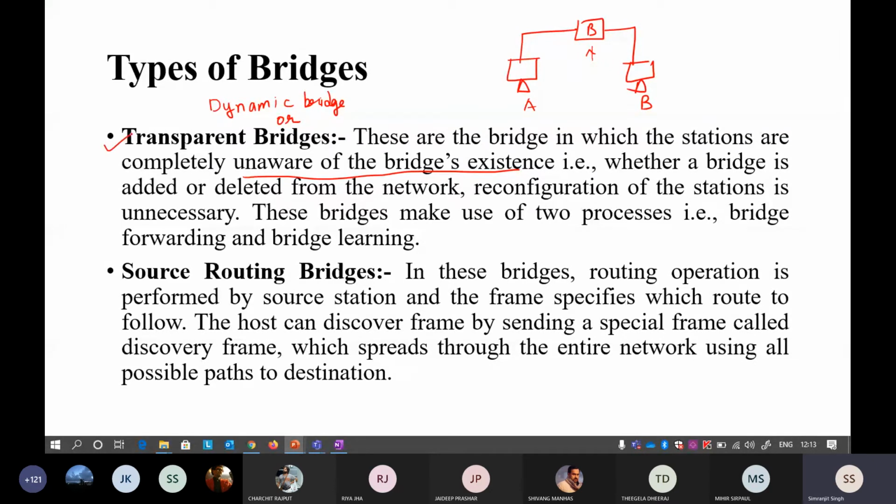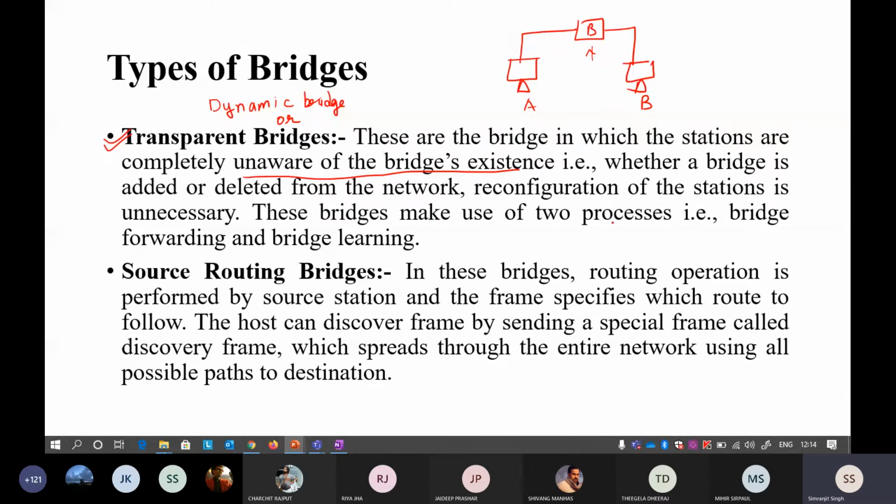That's a completely different thing. Keep in mind that this is why it is called transparent: A will not be aware that there is a bridge present there. That is the defining feature of a transparent bridge. Whether a bridge is added or deleted from the network, reconfiguration of the stations is unnecessary.